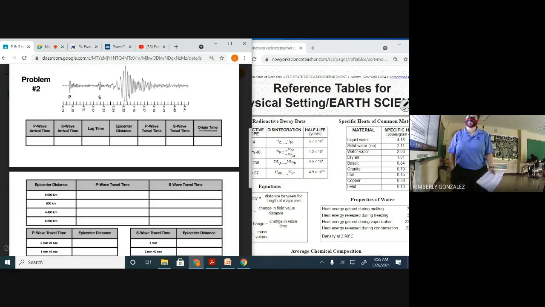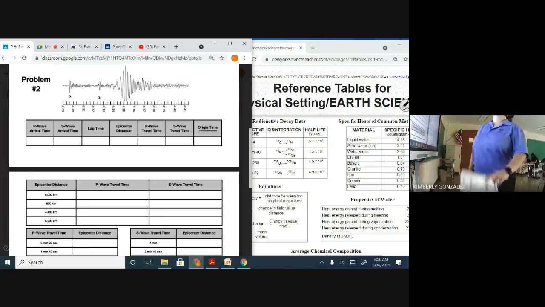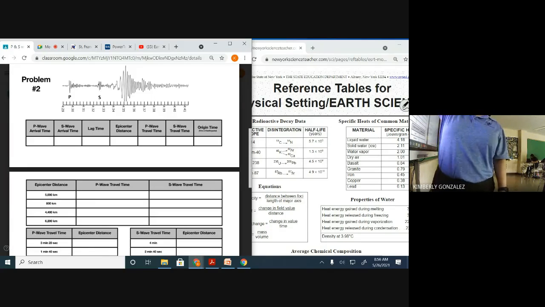So let's see. Problem number 2, what was the arrival time? 4:29:40. Agree or disagree? I agree. So the thing is how much is each one of these lines worth? 20.